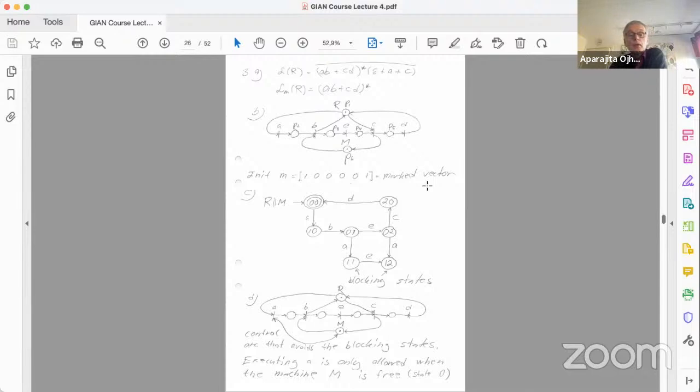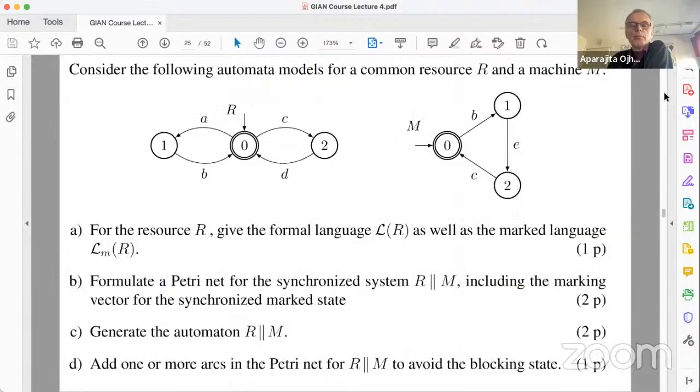Now we generate the reachability graph of this system, and we start with the states we see here: 0, 0 is the 0 state in R and the 0 state in the machine. Then we can take an A, and that means that it's the resource, the robot.